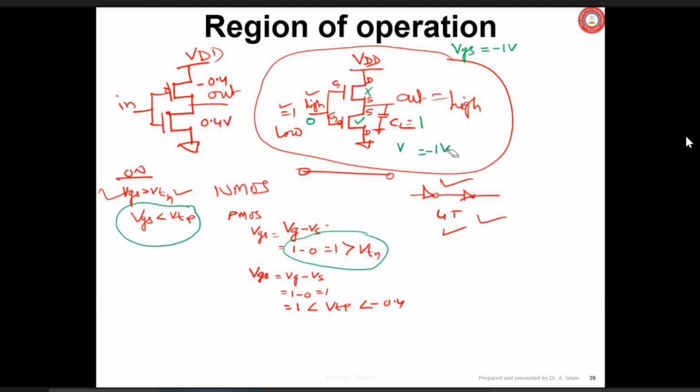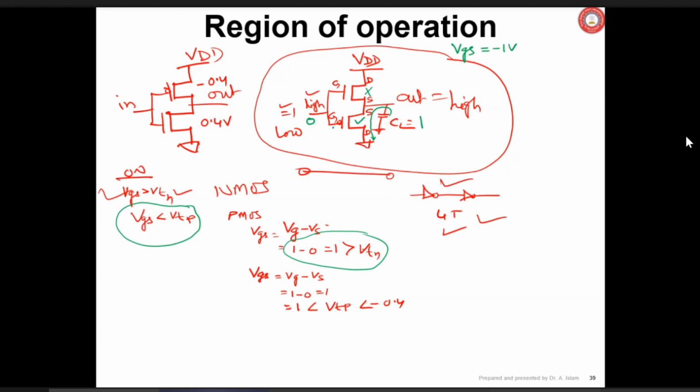Now, once it is on, what will happen to the voltage of CL? It will start discharging through the pull down MOSFET, that is the P MOSFET in this case.